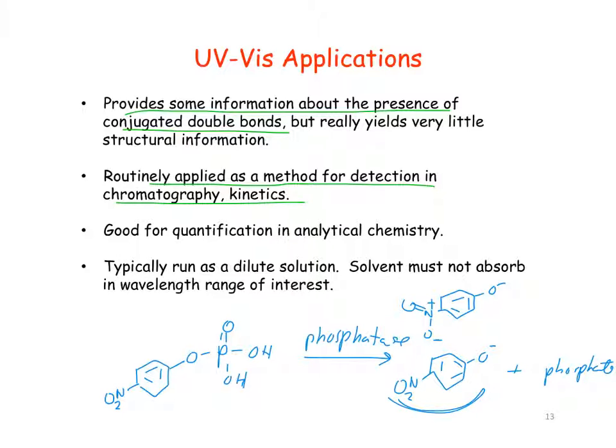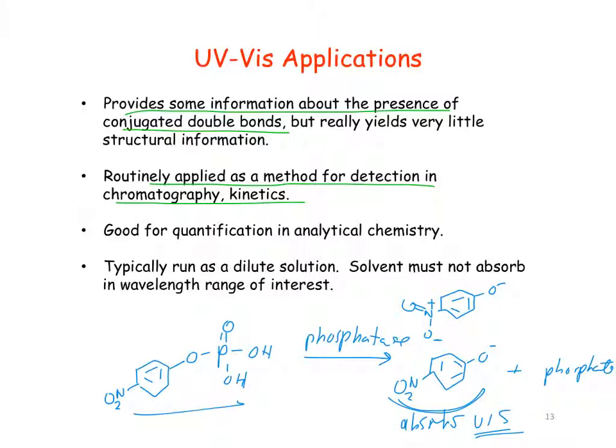So this one absorbs UV light, but this one absorbs visible light. Okay, so the presence of the amount of this tells us how far the reaction has proceeded. So they can measure kinetics and things by using ultraviolet and visible light.